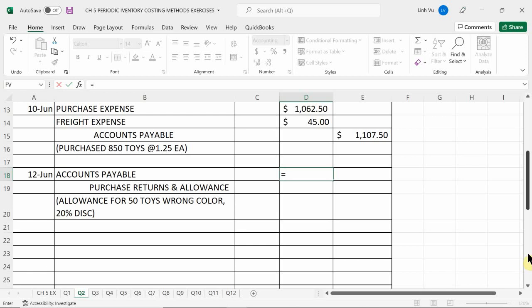Now, in this case, how do I actually get this 20% discount? Well, first off, we need to figure out how much money I am going to get in a full refund.